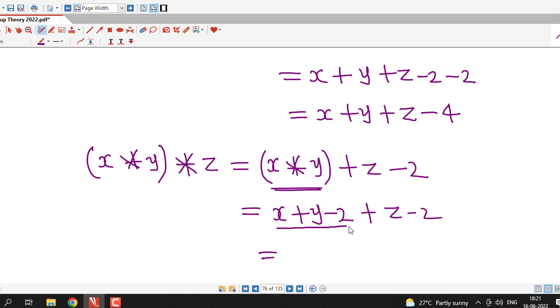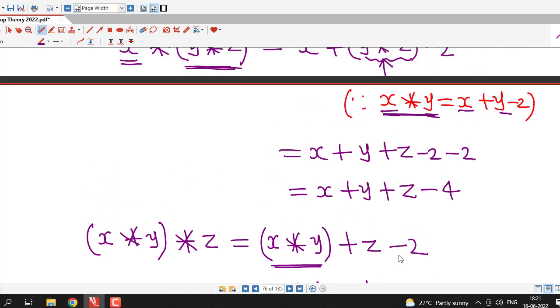And we know that addition is commutative, and here we can write using the commutative property. This we can write as x plus y plus z minus 2 minus 2, that is minus 4. So we can see both sides are equal.